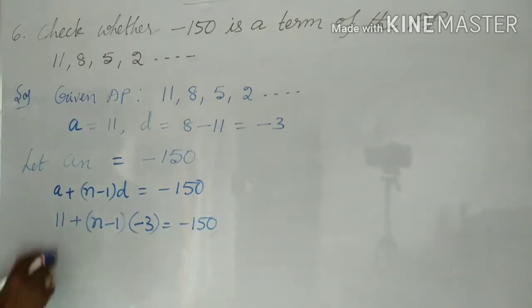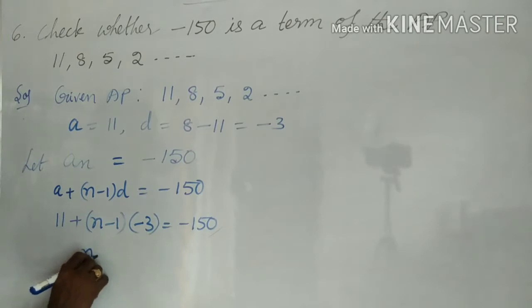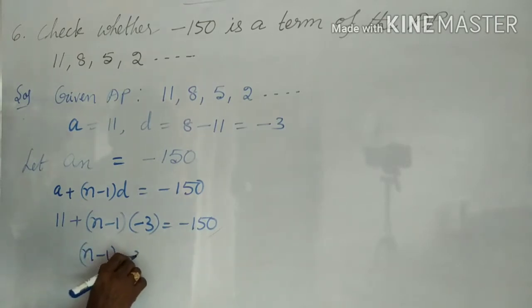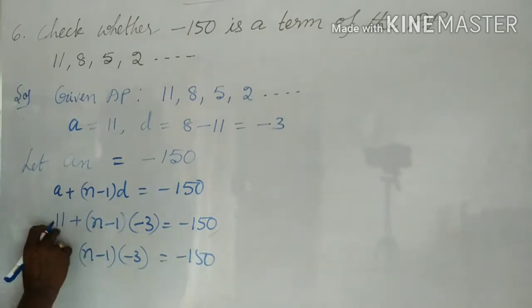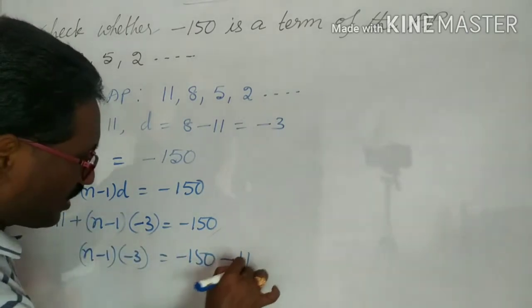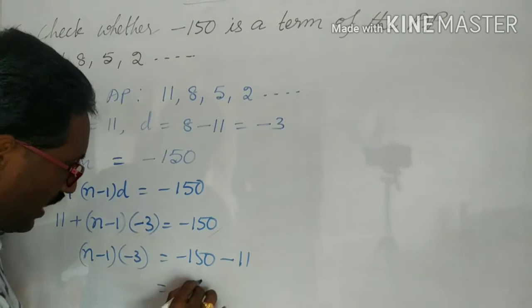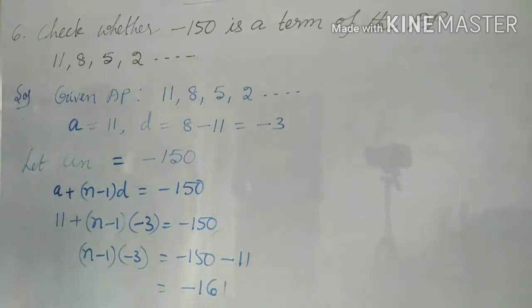Are you okay? Transpose this to the right side: n minus 1 into minus 3 is equal to minus 150, plus 11 becomes minus 11, that is minus 161.